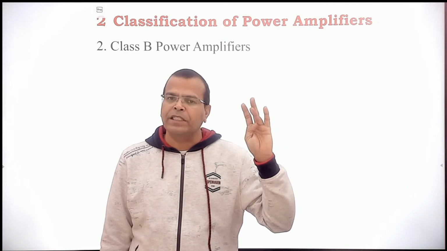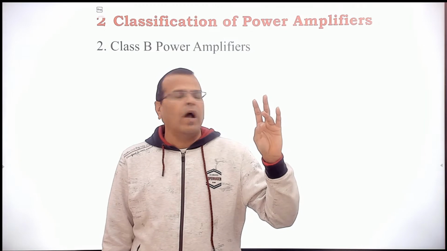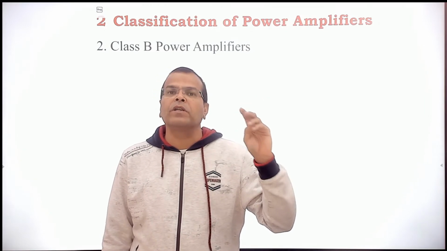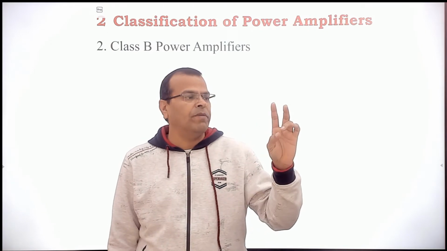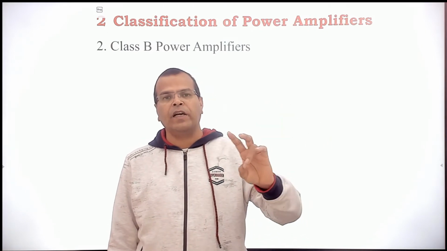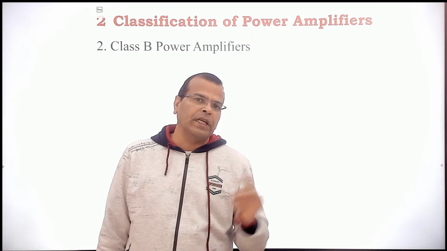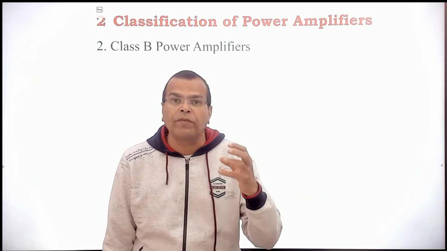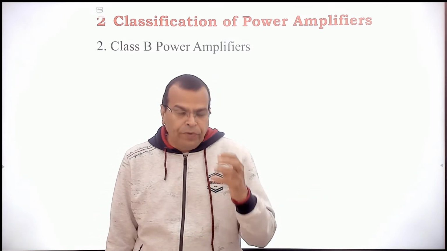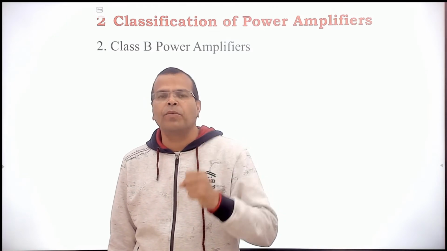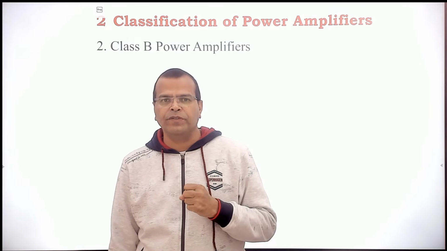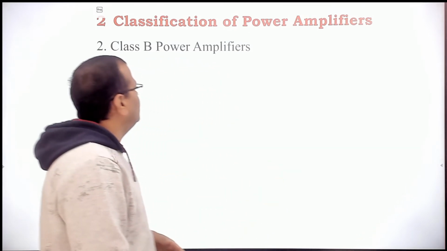Then efficiency is minimum, and there is one more point: the power losses are maximum when the device is off. The maximum efficiency is 25% in case of direct coupled load, and it is 50% in case of transformer coupled load. These are a few objective type points for different competitive exams. You can have a lot of questions from this topic, so try to remember all these points.